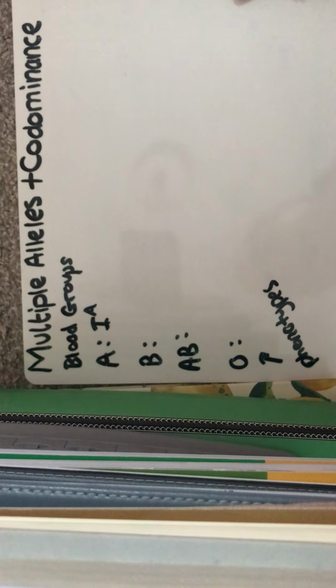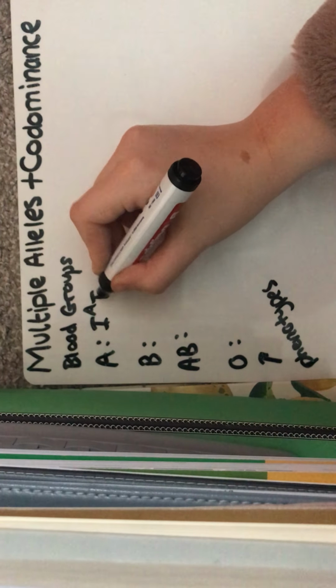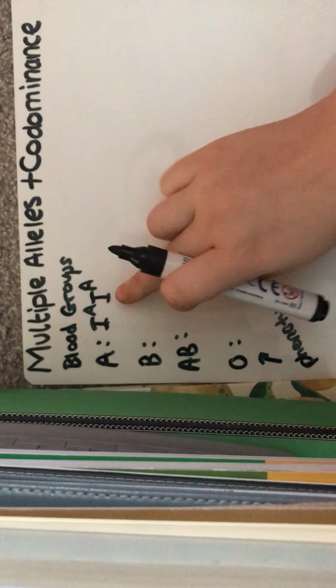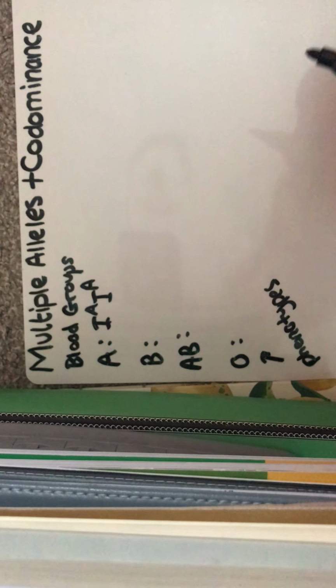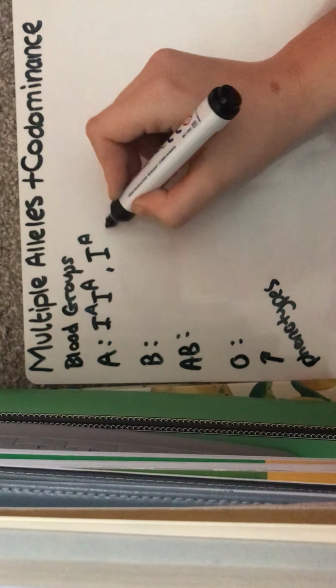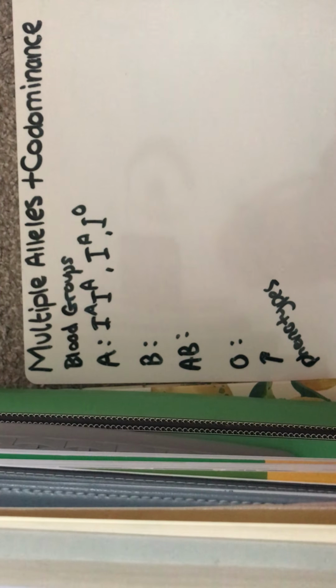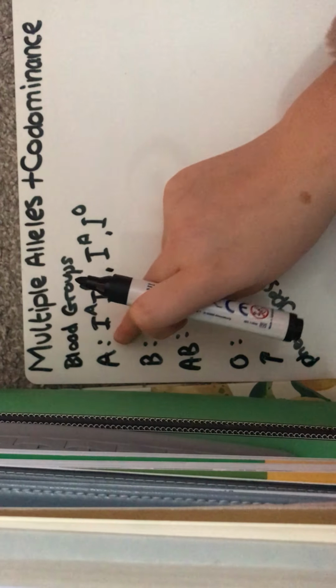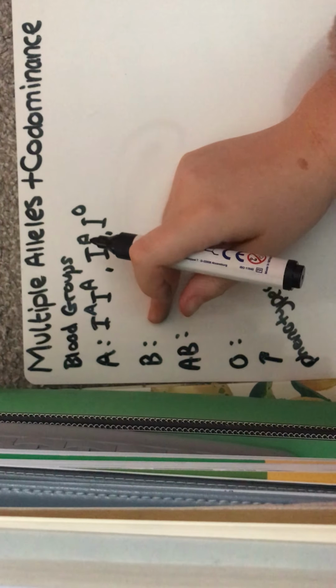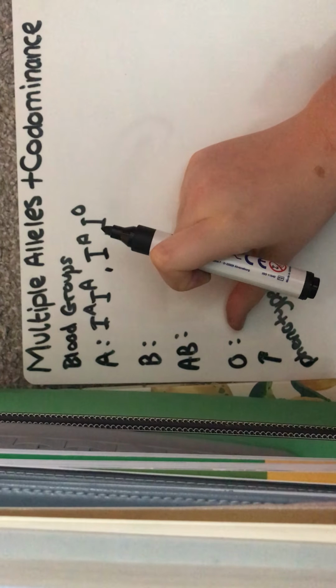So for blood group A, we can have IA IA, that's one genotype, or we can have IA IO, and that's because both groups A and group B are dominant over group O.